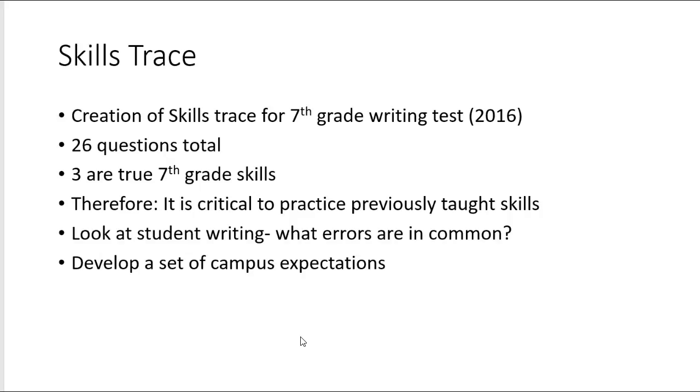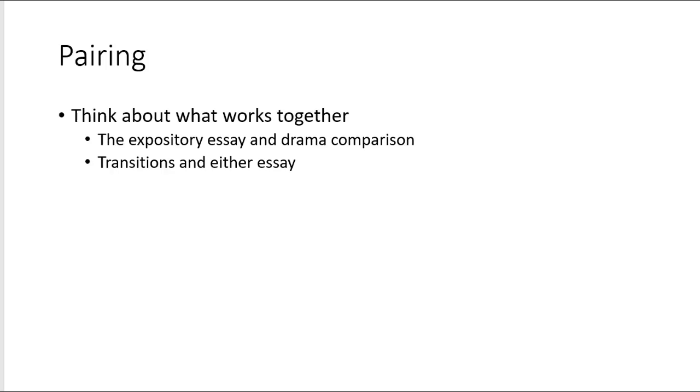So it would be appropriate to me to say in 6th grade we should be using apostrophes correctly no matter what classroom you're in. So I would really encourage you to develop a set of campus expectations and then hold the students responsible for those. It can't just be you're responsible for what you learned this year. We also need to hold them responsible for what they have previously learned.